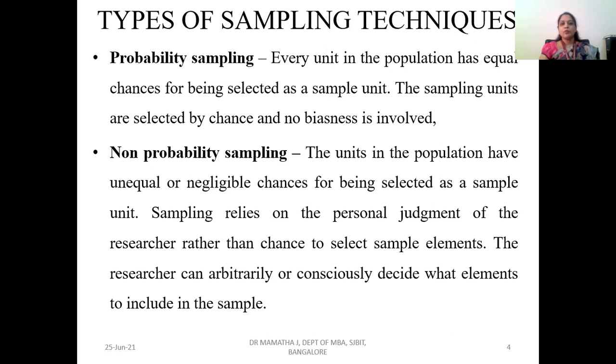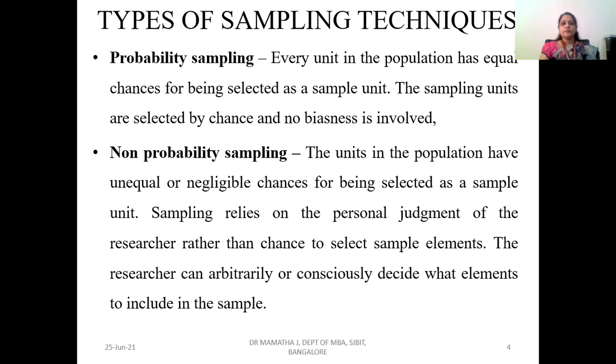There will be no bias in this technique since we are giving equal chance for everyone. In the case of non-probability sampling, we are not giving everybody equal chances. Based on our judgment or our convenience, we select the sample from the population. This is the main difference between probability and non-probability sampling techniques.